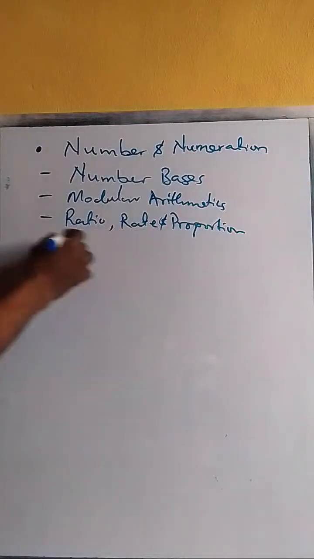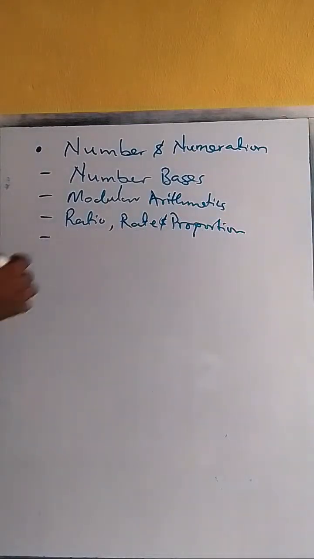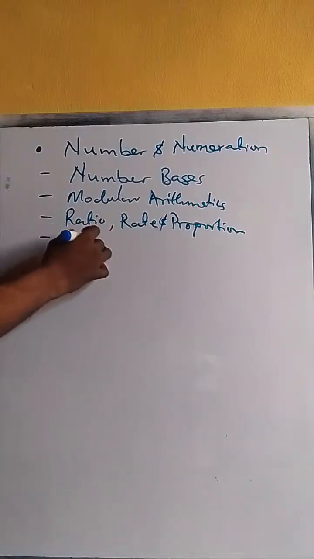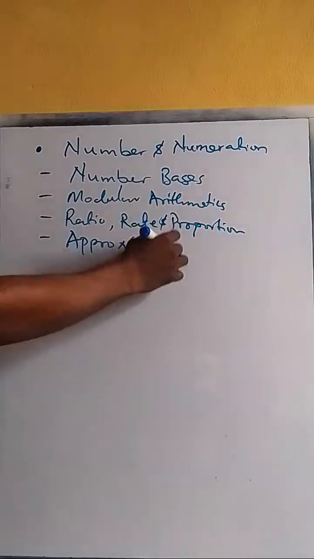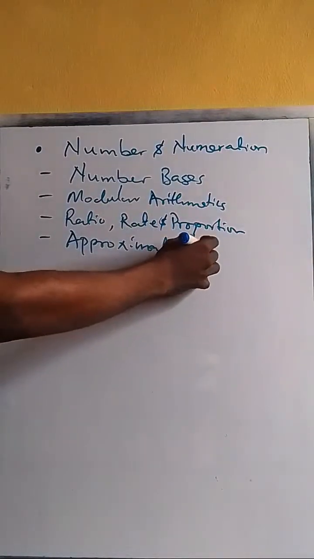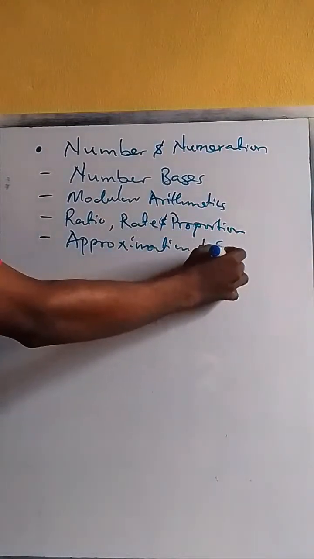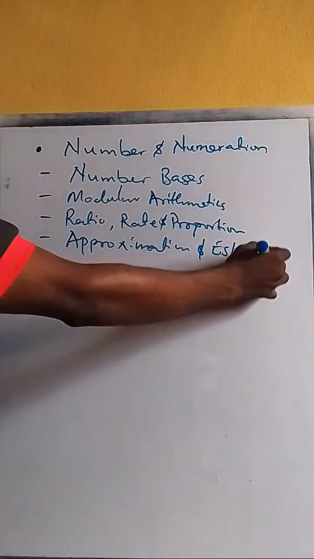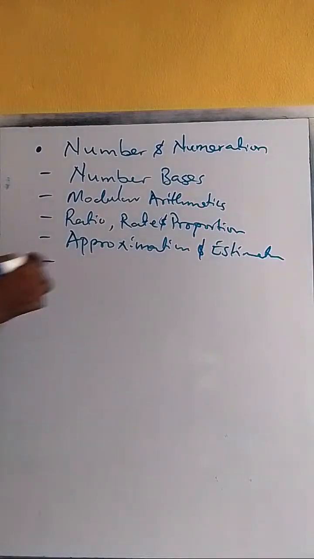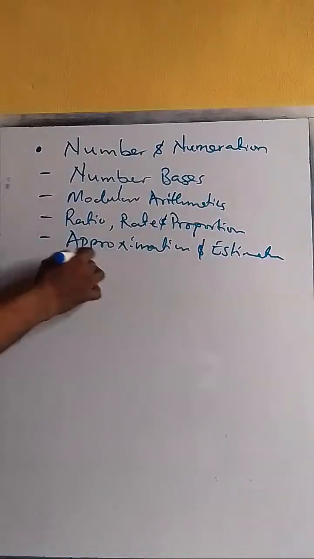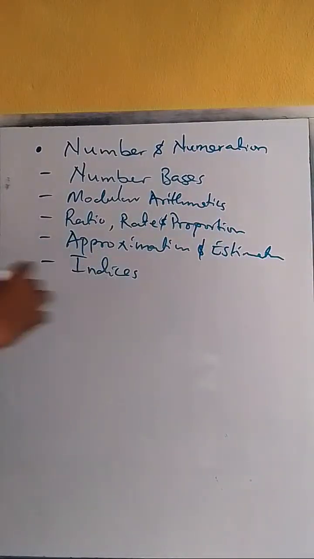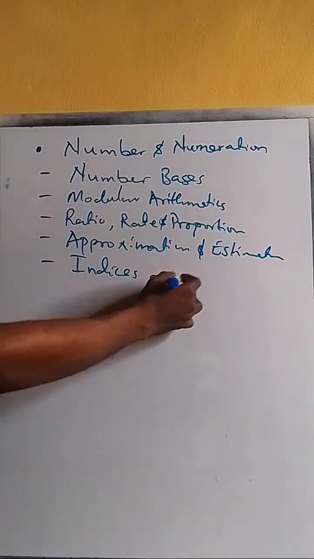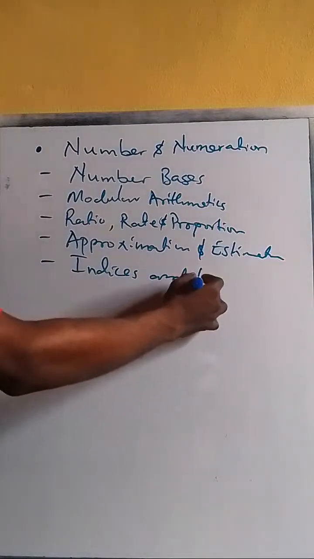Then also we have approximation and estimation. Then also from here, we have indices and logarithms, which is a key topic under number and numeration.